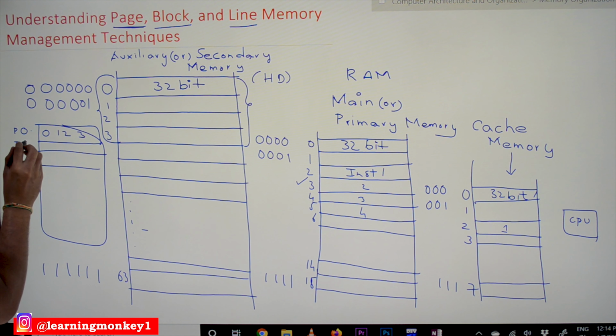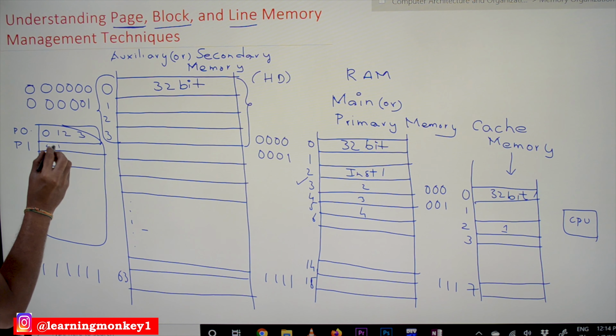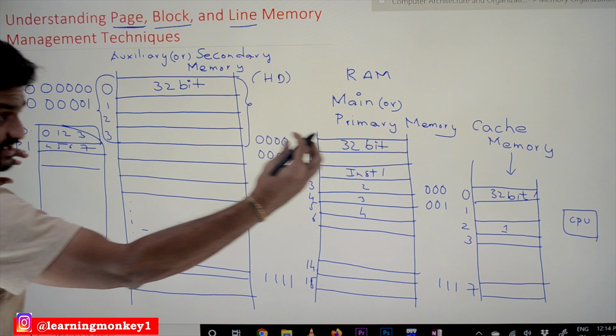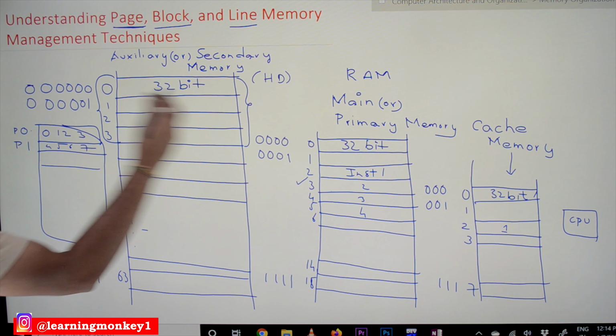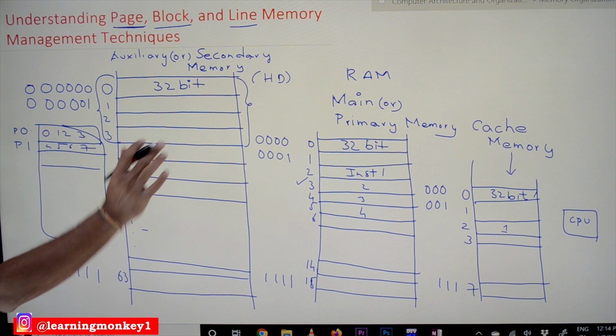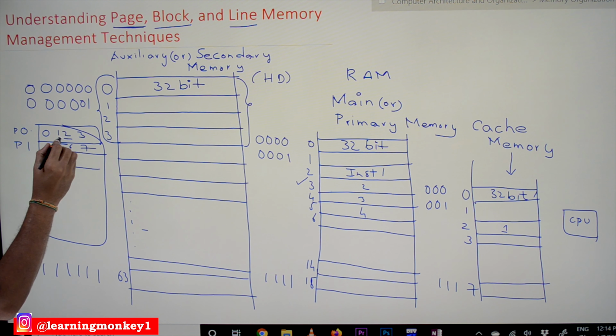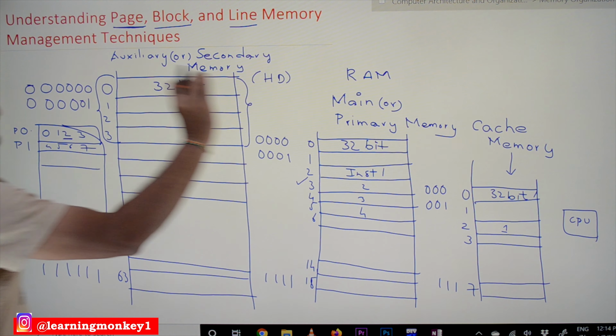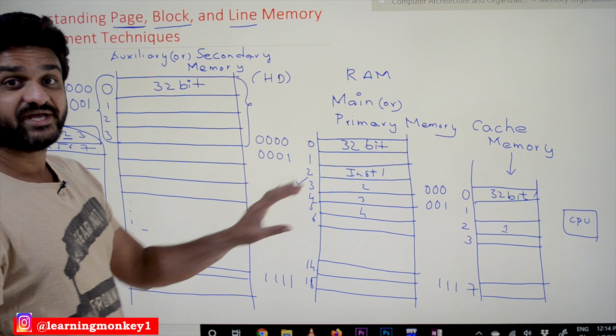Similarly, if you take page 1, it is going to have the 4th, 5th, 6th and 7th locations. Whenever the CPU asks for any one of these locations, for example the second location, this entire page will get transferred onto the main memory.